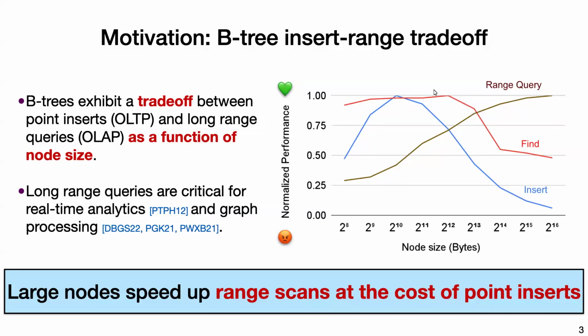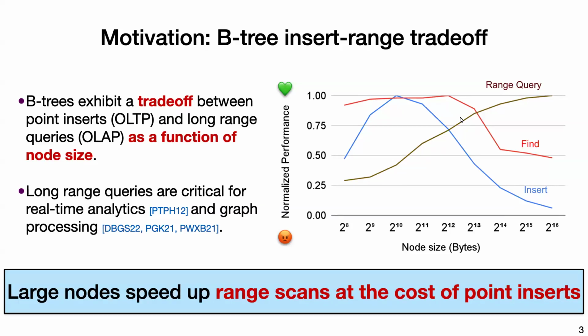And the three operations are: this brownish line is range query, this red line is point find, and this blue line is point insert. And the way that we ran this experiment, we just set the node size and we ran a bunch of concurrent operations of this kind. And you can see that as the node size is increasing, there is first some increase in insert, and then it's dropping.